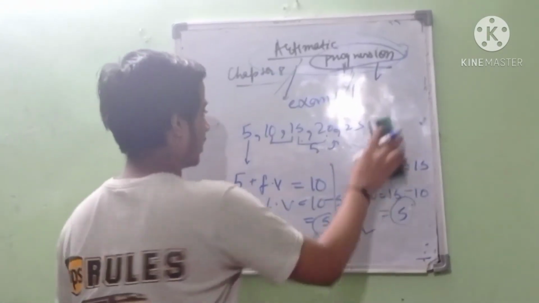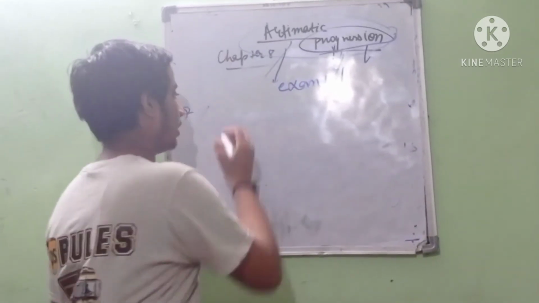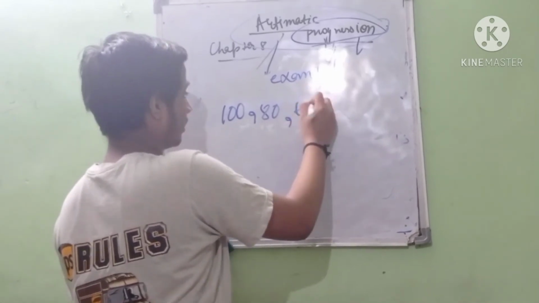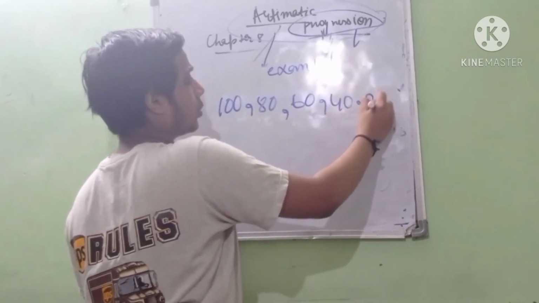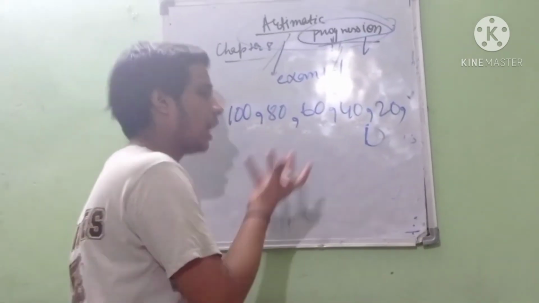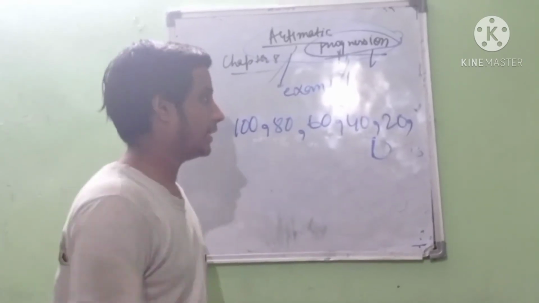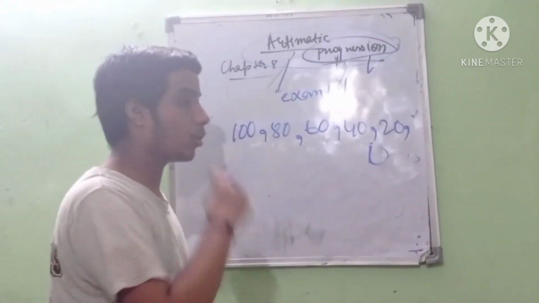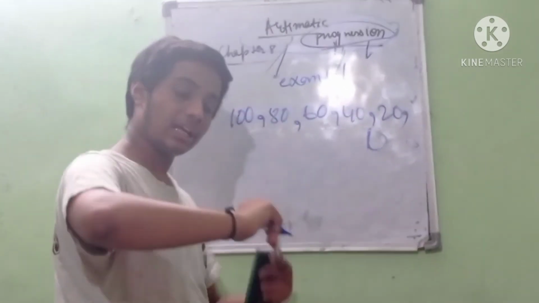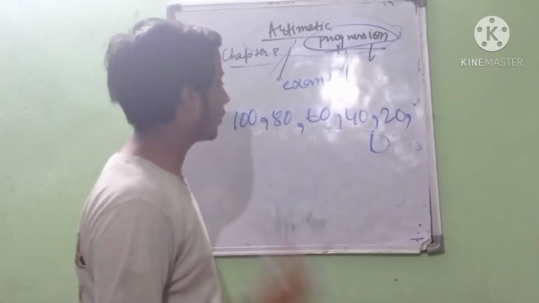So let's take another example, 100, 80, 60, 40, 20 and 0. You would be thinking how it is an arithmetic progression. I said arithmetic progression is a progression in which we add a fixed value to the preceding number so that we get the next number, and these all are in a progression or a sequence of numbers.